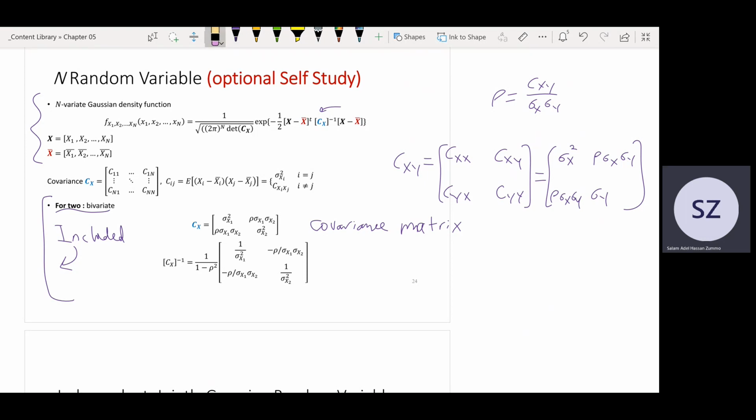Then sigma Y here. Is it clear? This we call the covariance matrix. It's only a simple way to put things together.